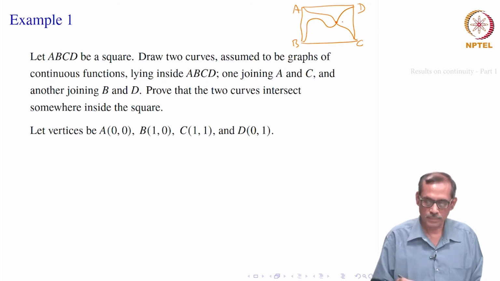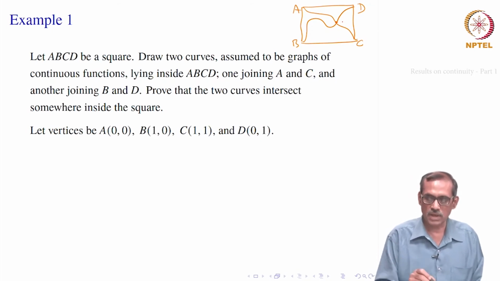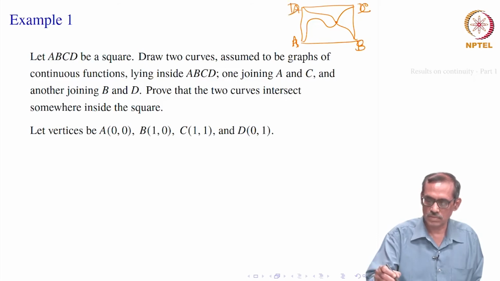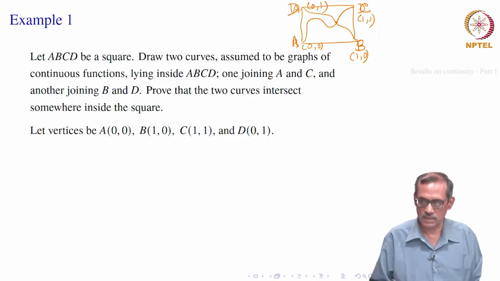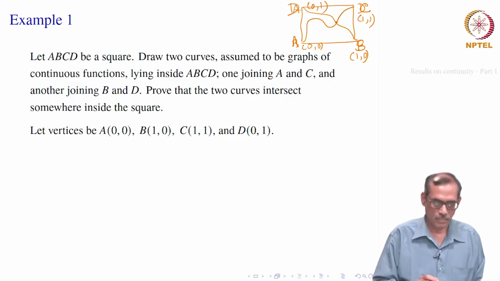Well, so what do we do? Let us write A to be the origin. We take this to be A, and this to be B, this to be C, and this to be D. Okay. So, this point let us write (0,0), B as (1,0), C as (1,1), and D as (0,1), taking this as the y axis, this as the x axis. Okay.